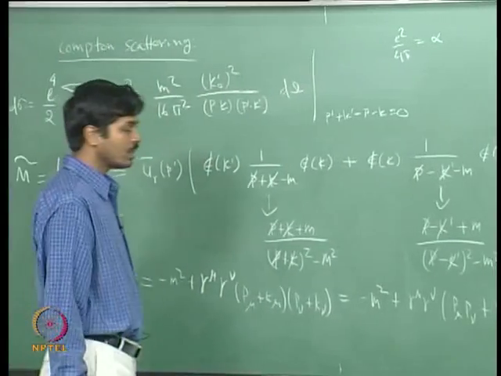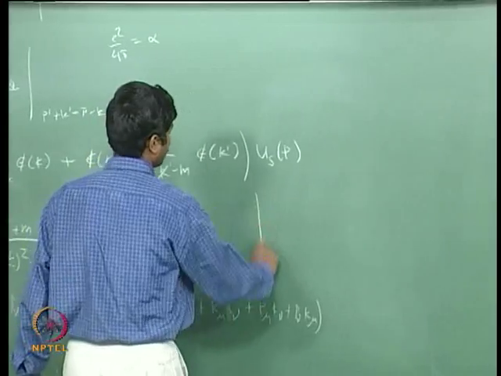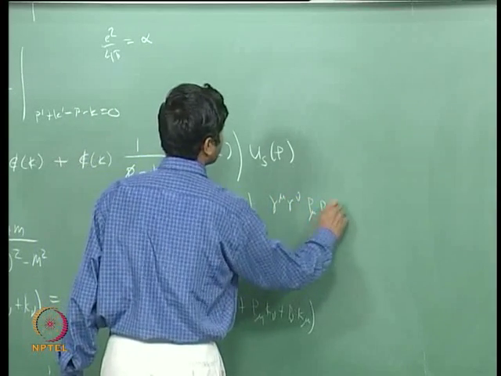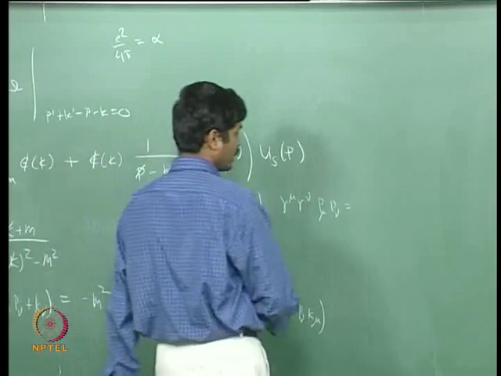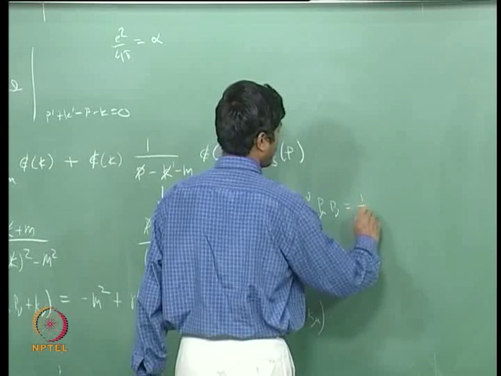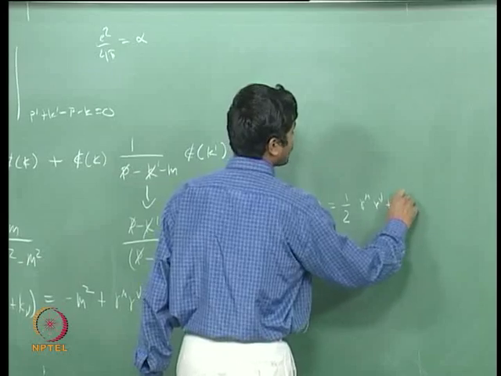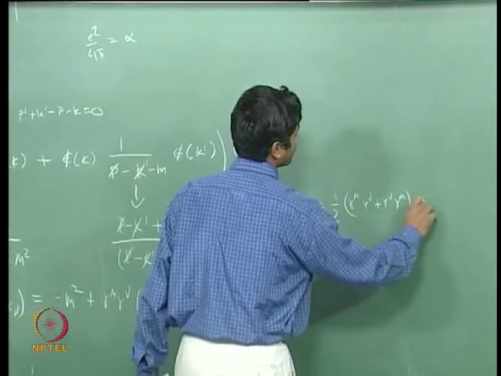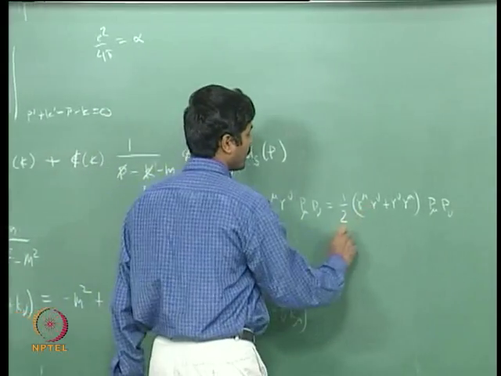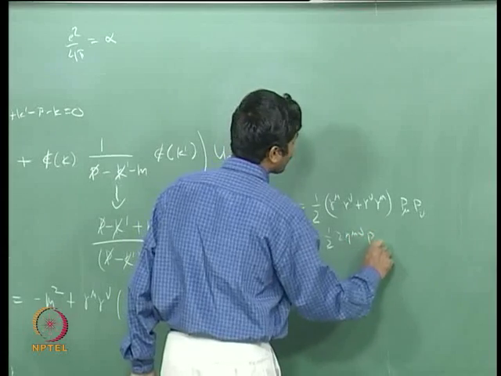Okay. What will you get here? Gamma mu gamma nu p mu p nu is nothing but half. Why is that a half? So this is half times (gamma mu gamma nu plus gamma nu gamma mu) p mu p nu, and this is twice eta mu nu, so half times 2 eta mu nu p mu p nu.